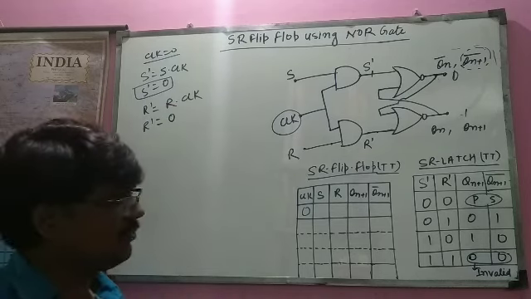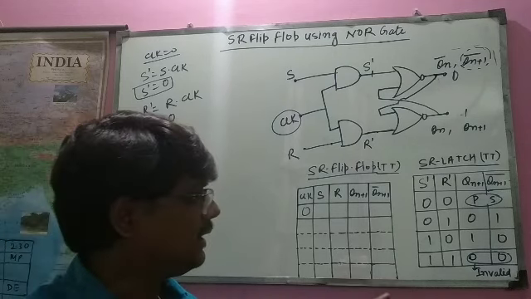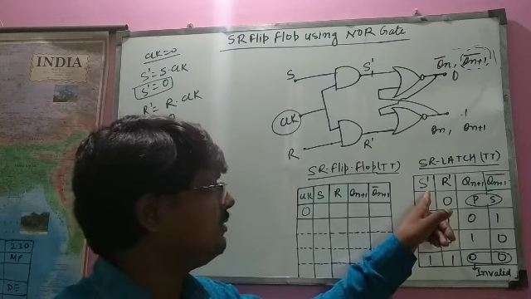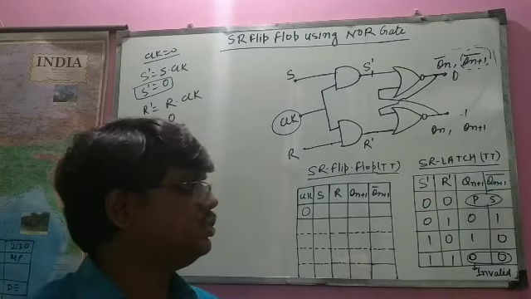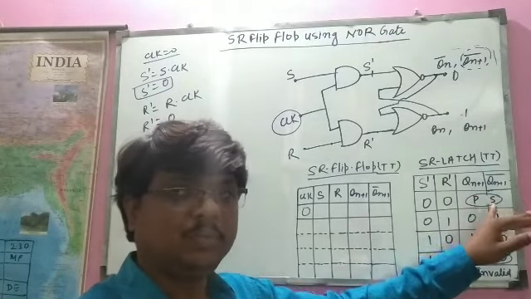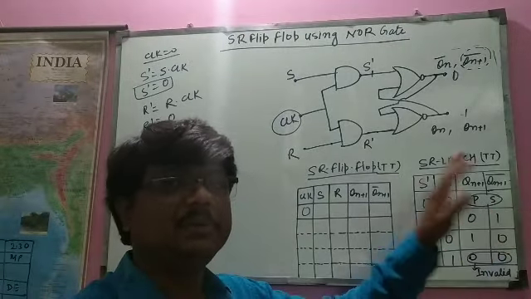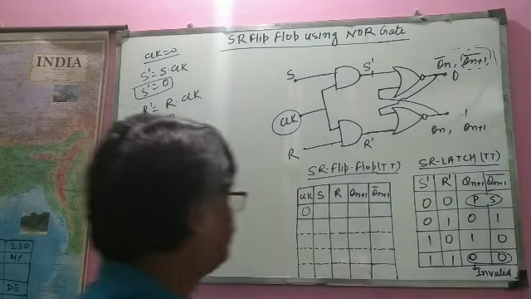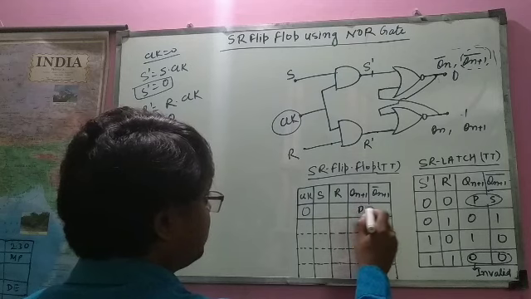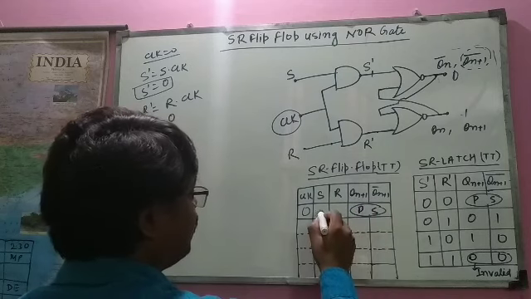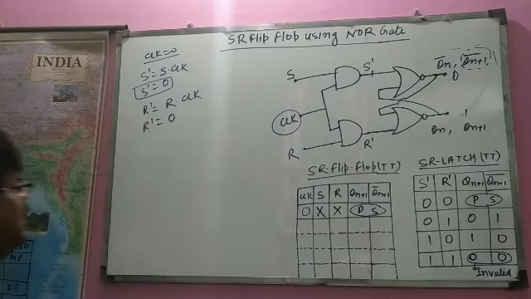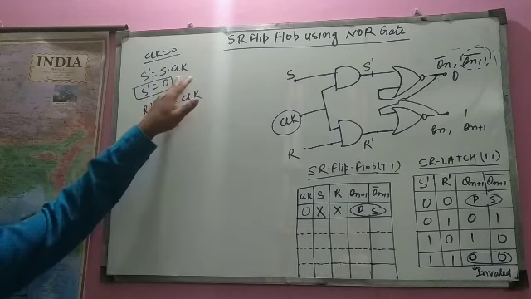And we have seen in the previous class and in today's class also, if S dash is 0 and R dash is 0, our output will remain in the previous state, isn't it? So it will remain in the previous state no matter what is the value of S and what is the value of R. If the value of S is 1, then also it will be 0.